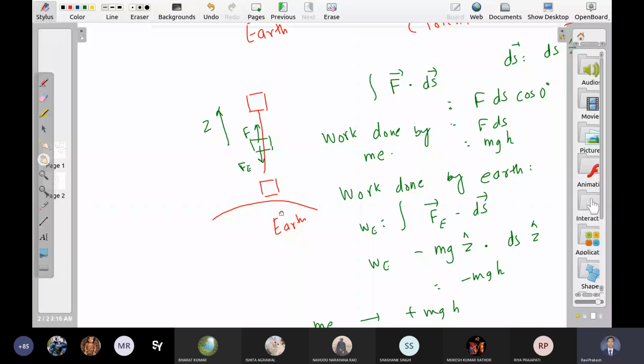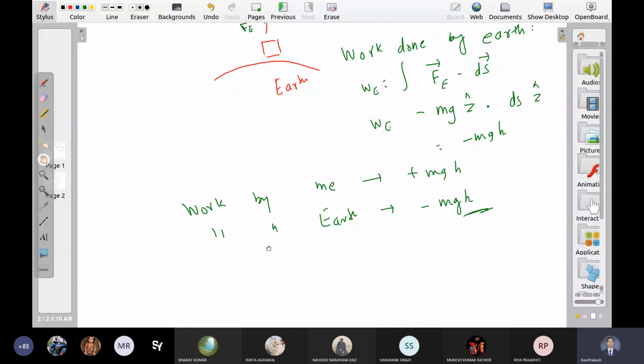Why do we have to apply this force? Because of the presence of Earth. If this block is in vacuum, we do not have to do any work to move the block. If we are doing this in vacuum, in zero gravity, we do not have to do any work, right? So both the answers are right. It just depends on how we see it.